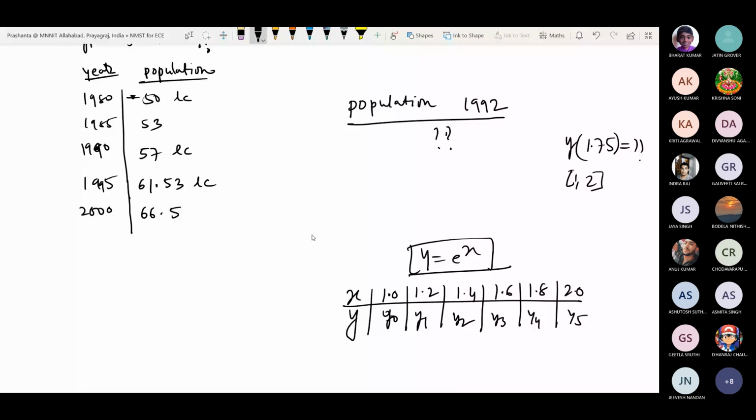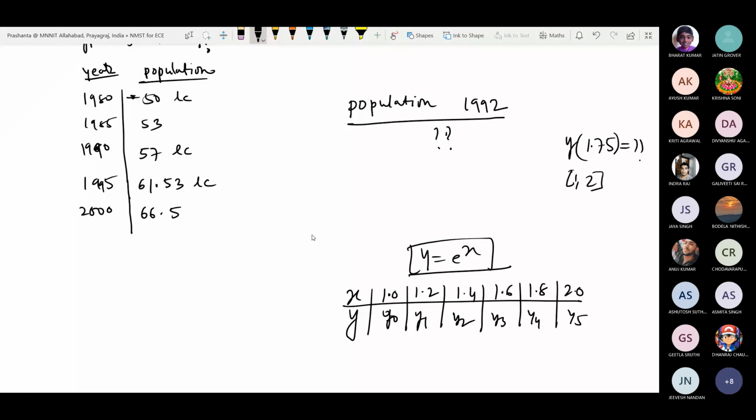They will be very close, because e power x is not increasing very rapidly, nor fluctuating very rapidly. Curves which fluctuate very rapidly are difficult to interpolate, but curves whose nature is simple can be approximated very well.